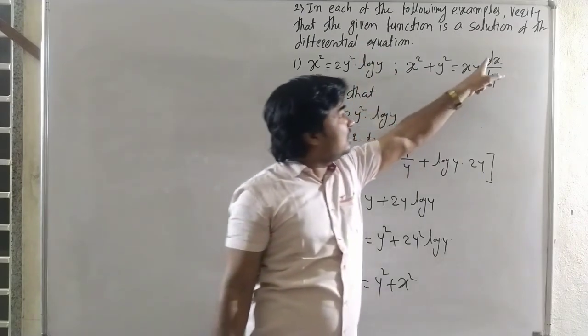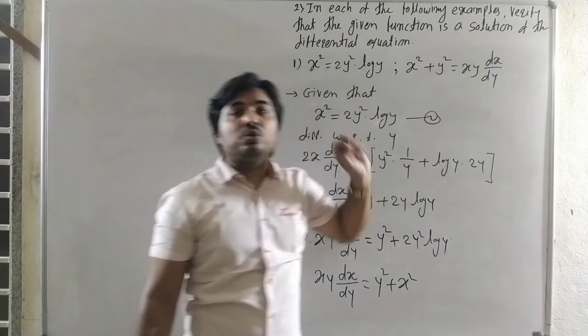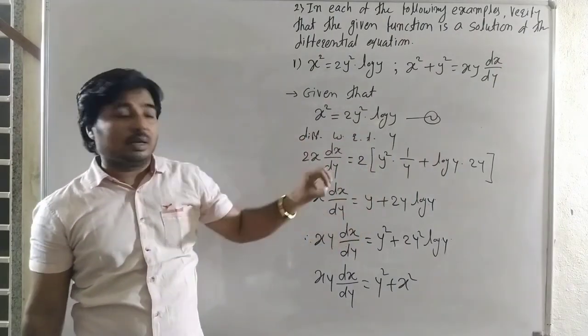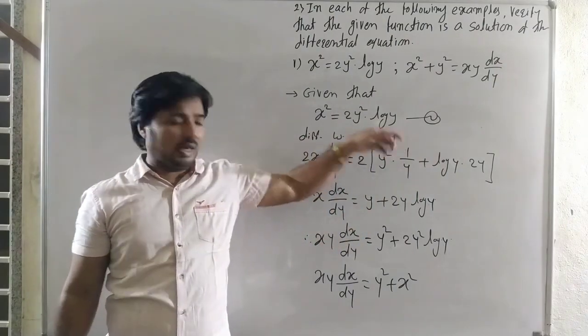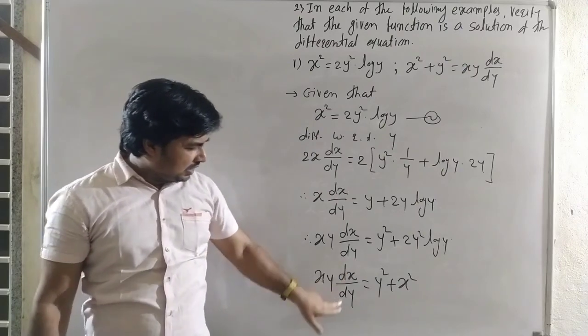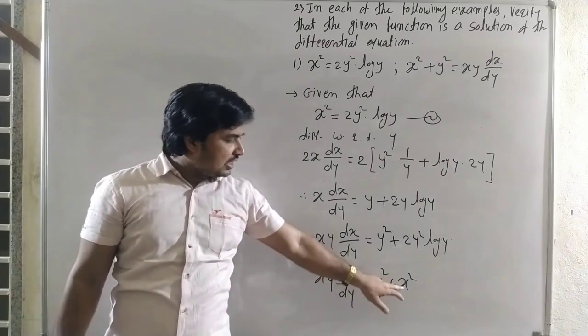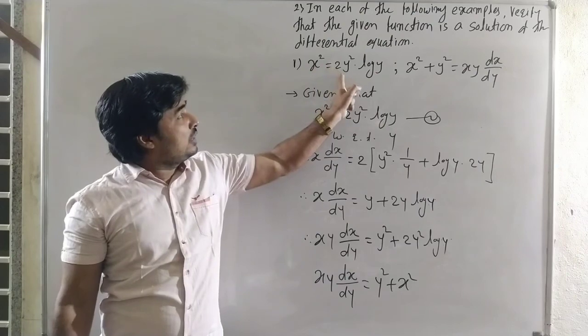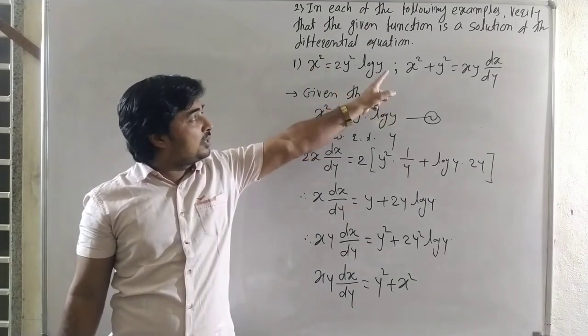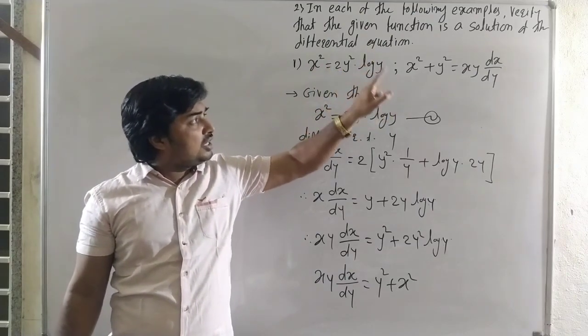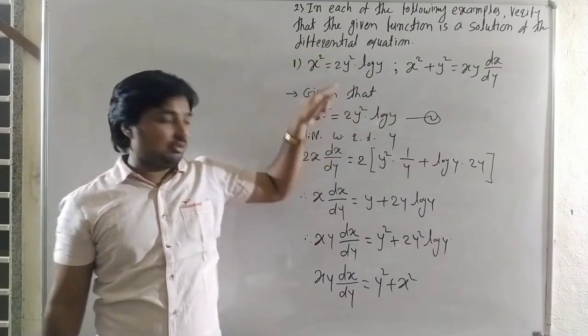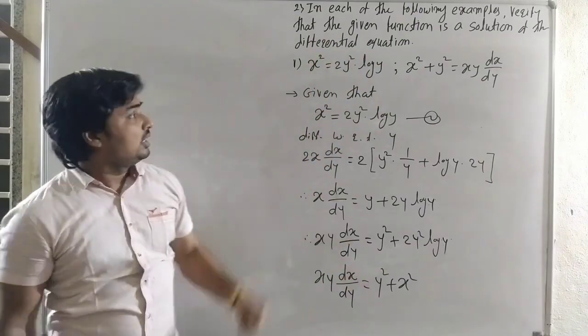In this differential equation the derivative is dx by dy, so we differentiate with respect to y. Now we get the relation xy dx by dy equals y square plus x square, that means x square equal to 2y square log y is the solution of the differential equation x square plus y square is equal to xy dx by dy. Okay, write the last step, see carefully this.